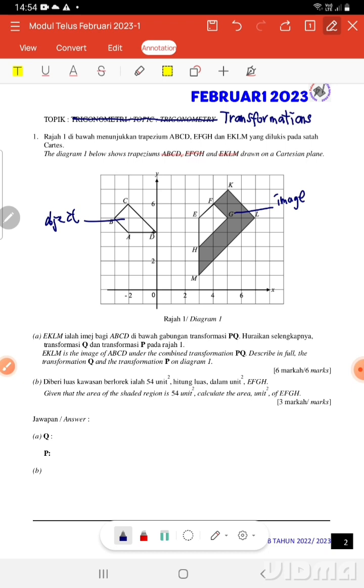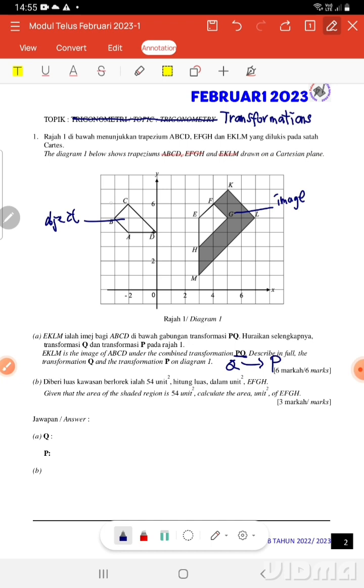Describe in full the transformation Q and the transformation P on diagram 1. This question asks you to describe the transformation. The transformation here is PQ, so you already know that when the transformation states PQ, you must start with Q, then follow by P.